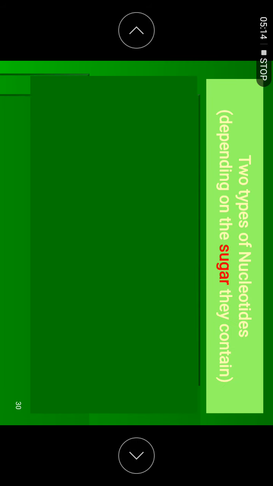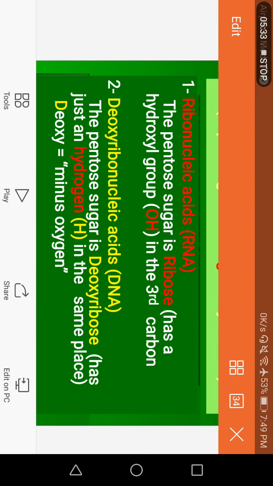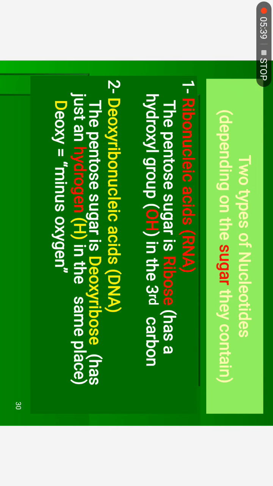Now there are two types of nucleic acid, depending on the sugar they contain. Something is wrong with the slide. If the sugar is ribose, we call it RNA.